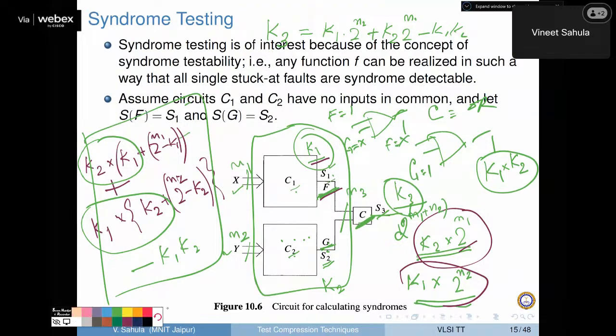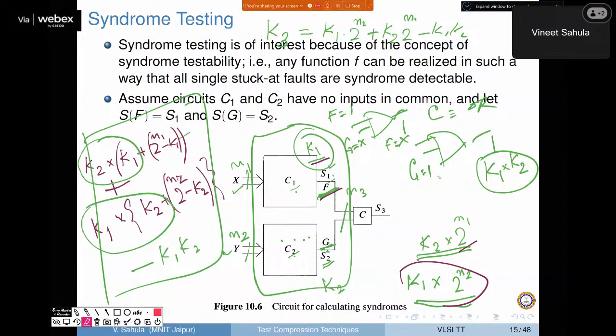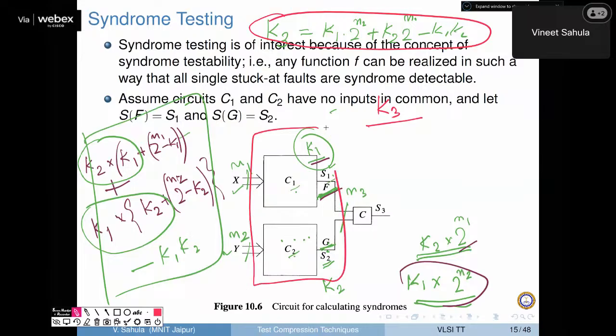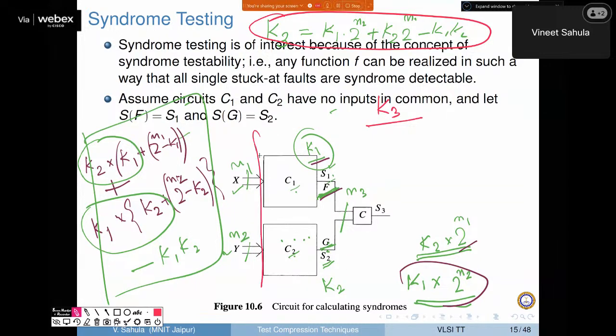So the syndrome for this is K3 divided by the total number of minterms. I'm trying to find out the syndrome S3 for this complete circuit.